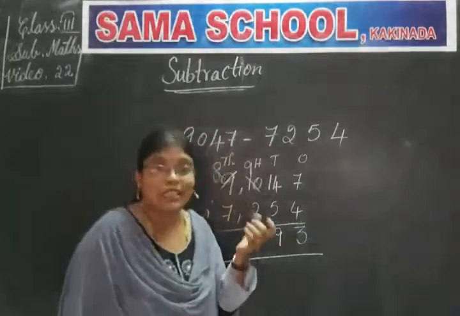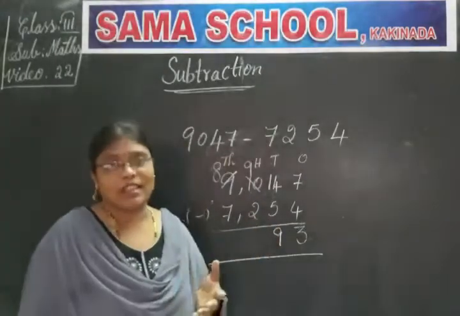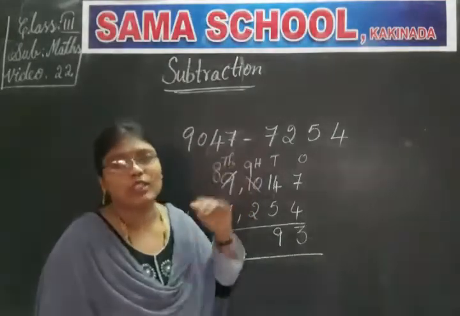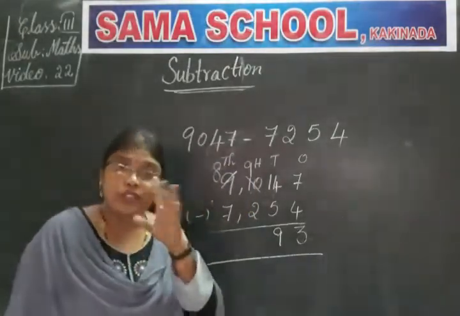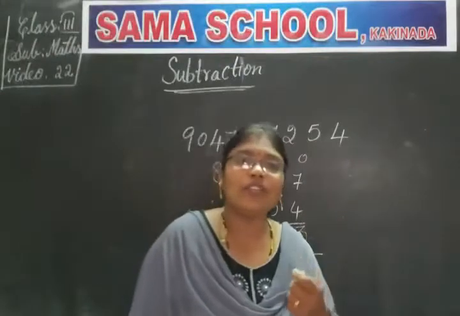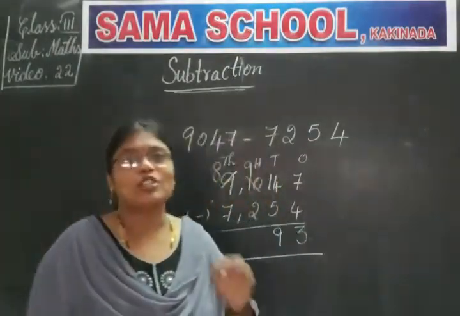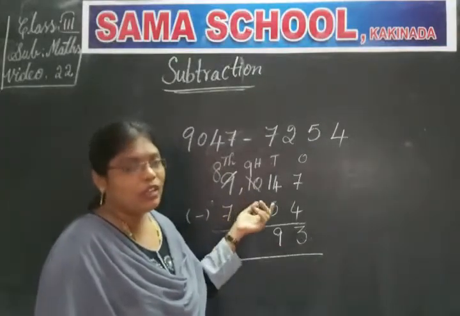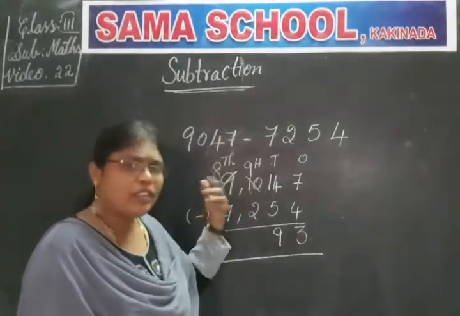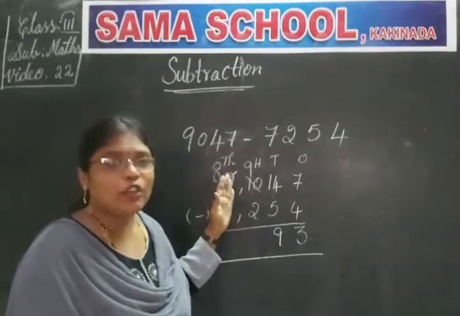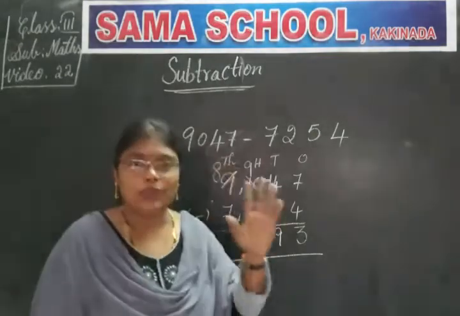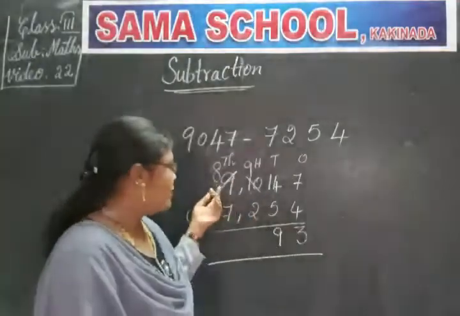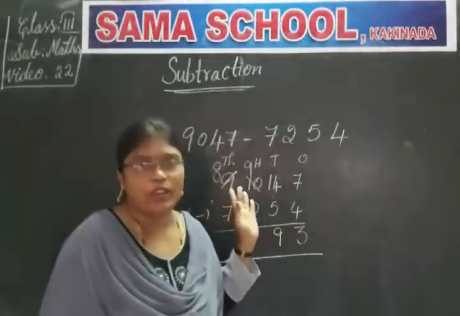See children, sometimes by mistake we will not write 9 and carry on with the subtraction. If we do like that, we will not get the correct answer. So don't do that children. Be very careful. Whenever you are borrowing from any place, you have to write the before number of it.